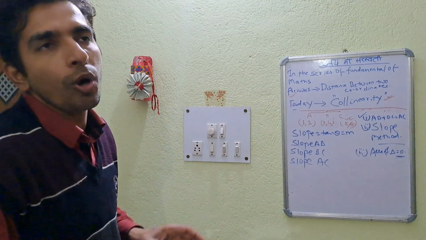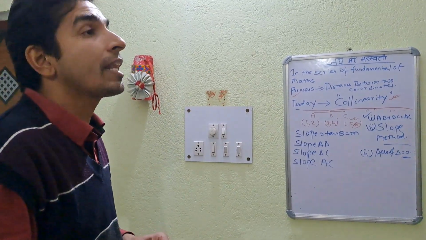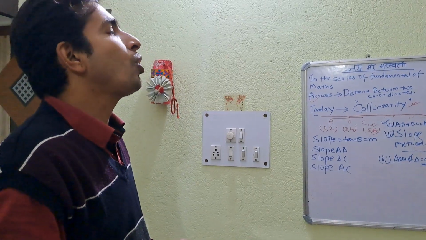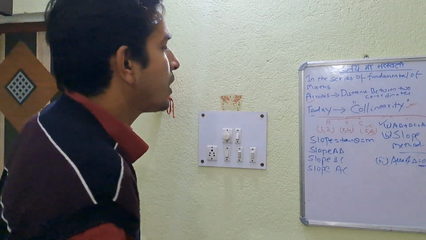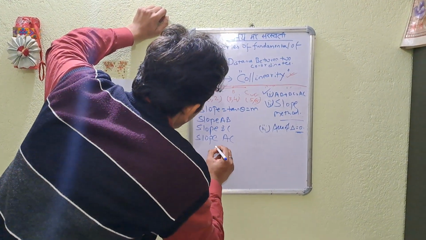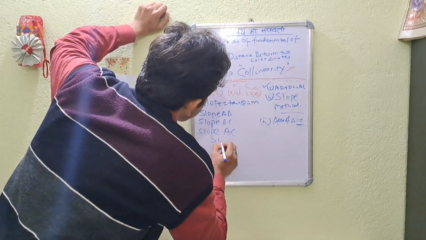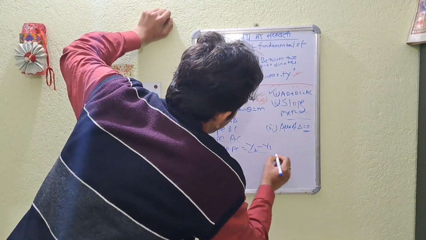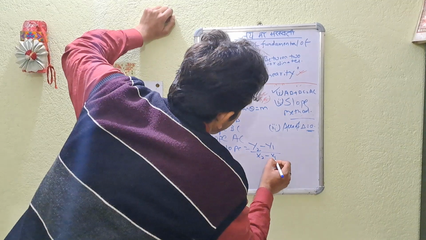If the slopes are not equal, then we will be stating directly that these 3 points are not lying on the same line and the collinearity theorem will not be established. So we will be calculating the slope of AB. The slope between the 2 points, the formula is slope is equal to y2 minus y1 by x2 minus x1.